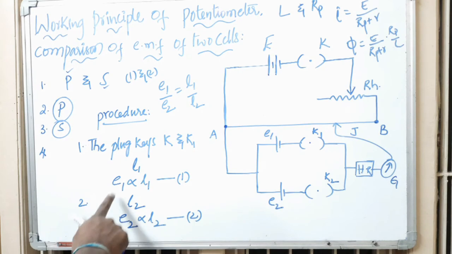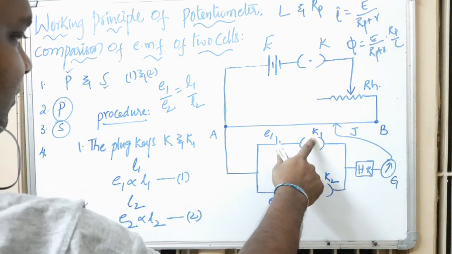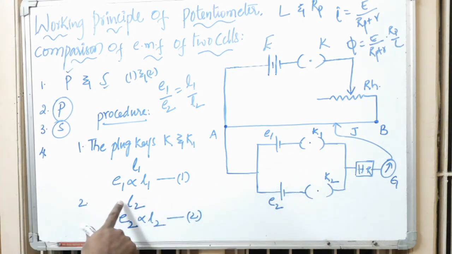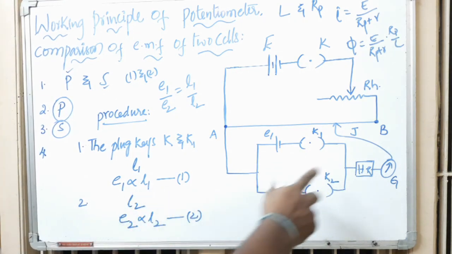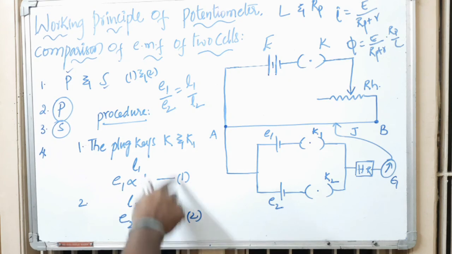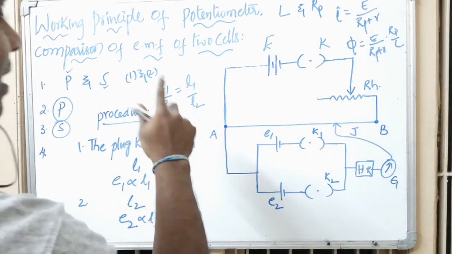In the same way, second point, if K1 is open and K2 is closed, we can determine L2 by adjusting the jockey upon the wire, so that we will get E2 proportional to L2. By these two equations, I can write E1 by E2 is equal to L1 by L2.